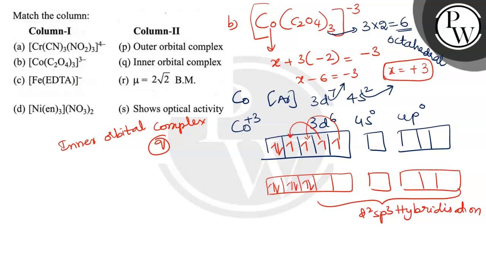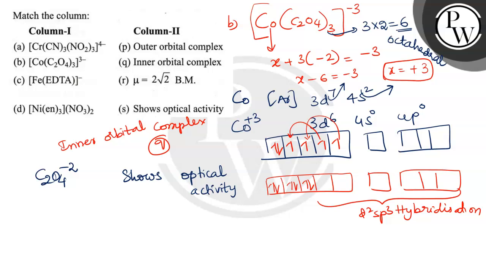And next one, is there any unpaired electron here? No, there is no unpaired electron. So R, mu value 0 रहता है. So R तो match नहीं होता. And C2O4 minus 2 is a bidentate ligand. And bidentate ligand containing complex compounds generally exhibit optical isomerism. So this complex shows optical activity because of this bidentate ligand oxalato.